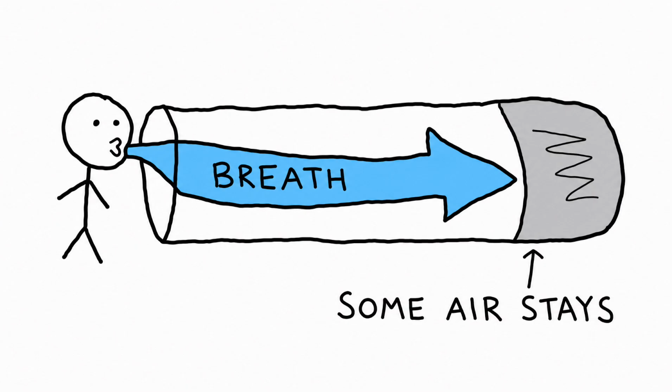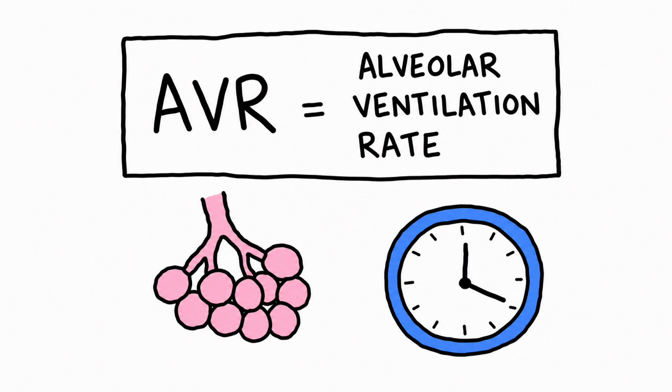Since some of the new air in each breath is going to remain within your physiological dead space, another figure can be calculated to represent the actual amount of inhaled air that reaches the alveoli each minute. It's called AVR, or alveolar ventilation rate.